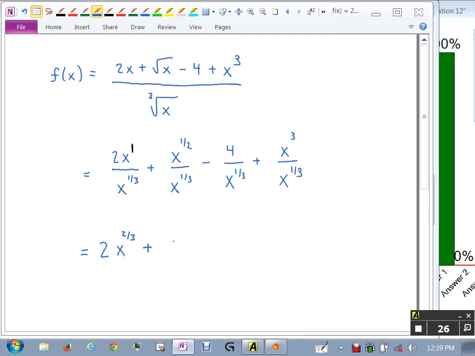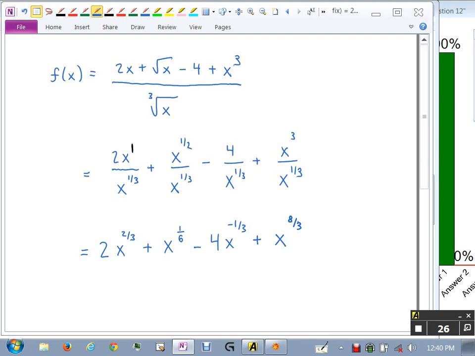Plus, what's 1/2 minus 1/3? 1/6. What about the next one? You bring the x up. Very important: if you're going to apply the power rule, the 4 stays. This x to a power has to come up, so it becomes x to the negative 1/3. And then this last one, x to the 8/3.